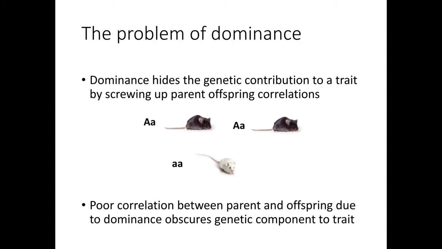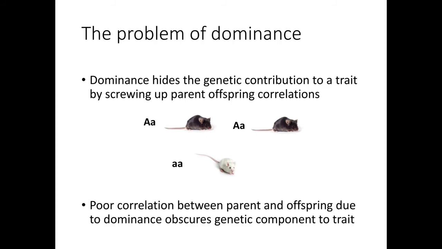So, one can have traits that are entirely genetically determined, but are difficult to ascertain through the correlation between parent and offspring. I'll say this a couple more ways. Dominance hides the genetic contribution to a trait by screwing up parent-offspring correlation.